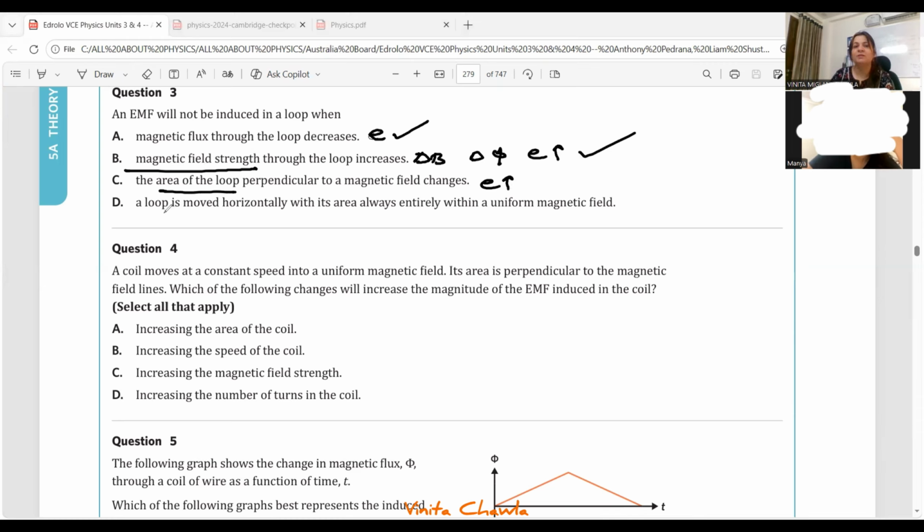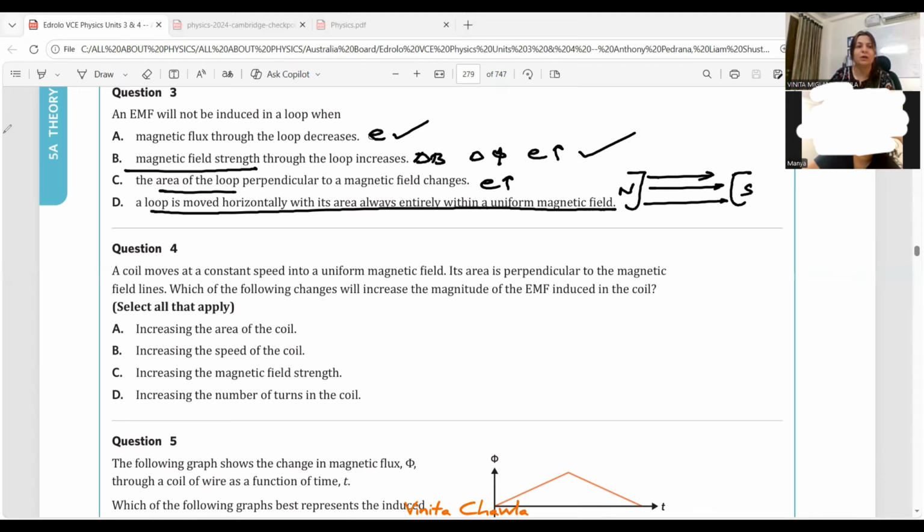What if the loop is placed or moved horizontally with its area always entirely within the uniform magnetic field? Have you understood? This is the case where we have this external magnetic field and we have a coil, and we are moving the coil horizontally.